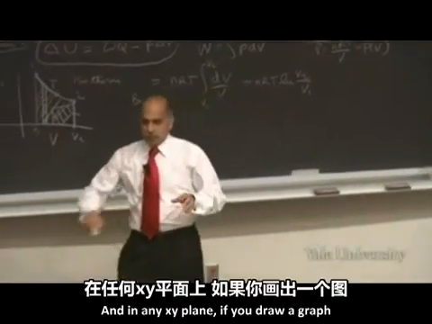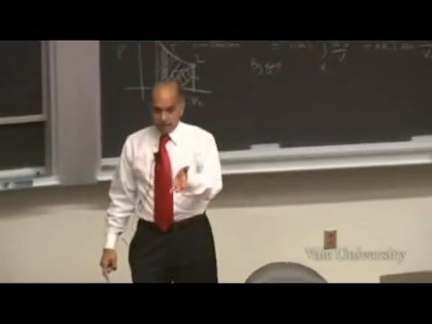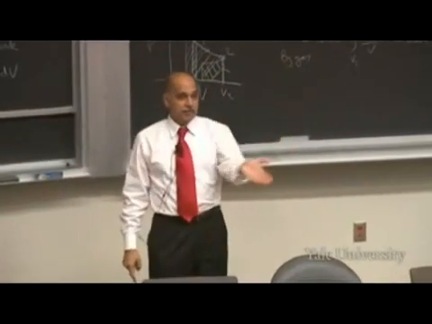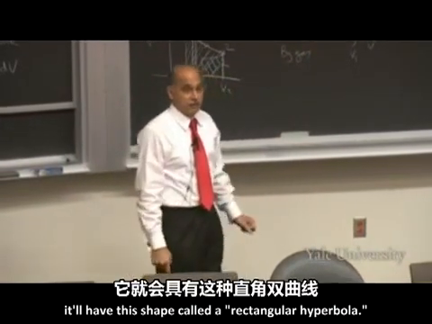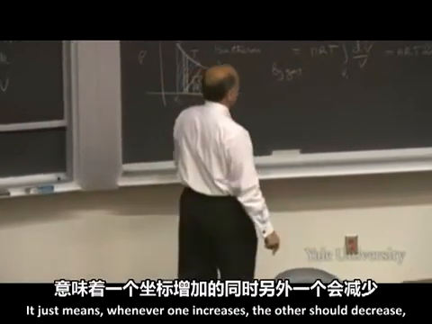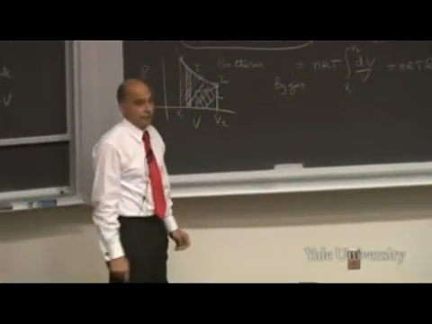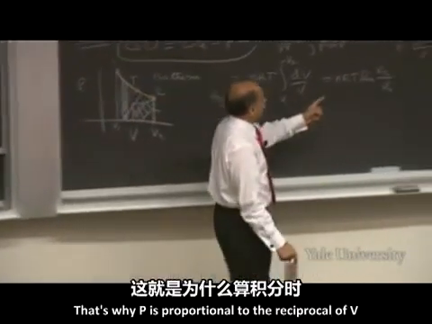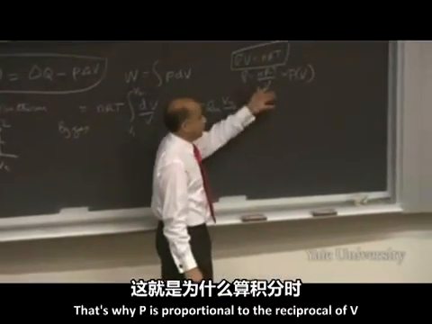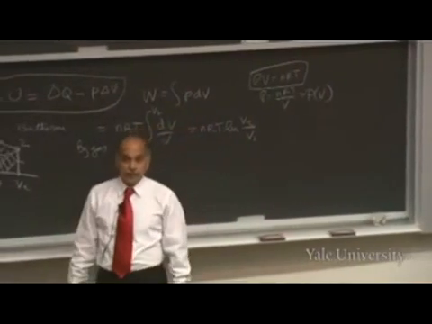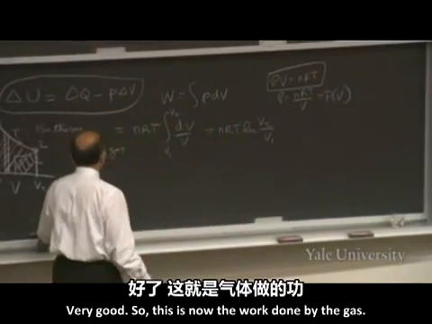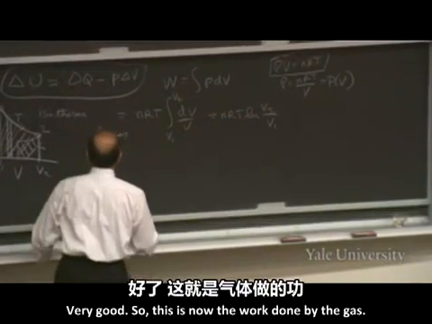And in any xy plane, if you draw a graph where the product xy doesn't change, it'll have this shape called the rectangular hyperbola. It just means whenever one increases, the other should decrease, keeping the product constant. That's why P is proportional to the reciprocal of V, and you do the integral. Very good. So this is now the work done by the gas.